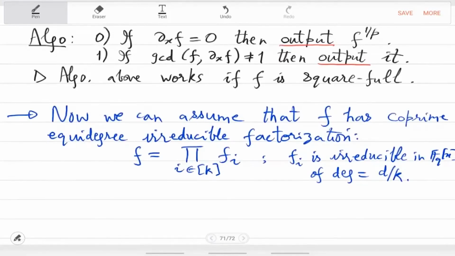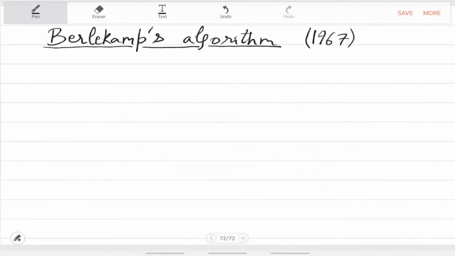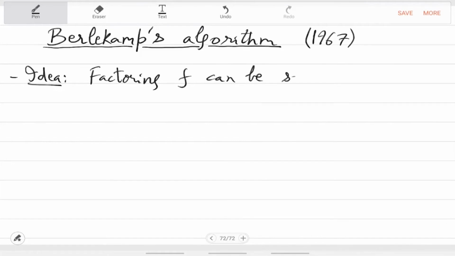So remember this blue part. From now on, we'll just implicitly assume this. Without saying, we'll assume that the input polynomial f looks like this. So the idea here is: factoring f can be seen as factoring the quotient ring.